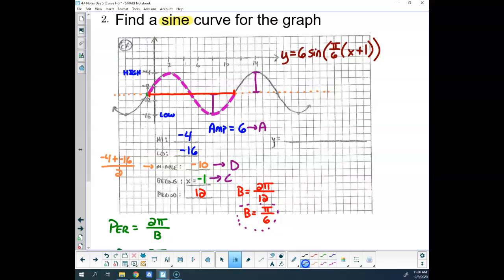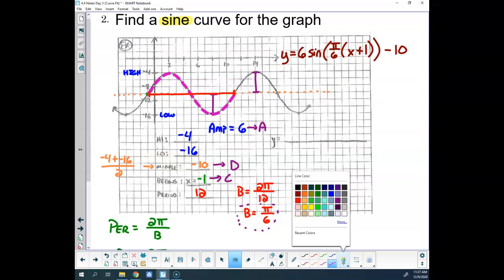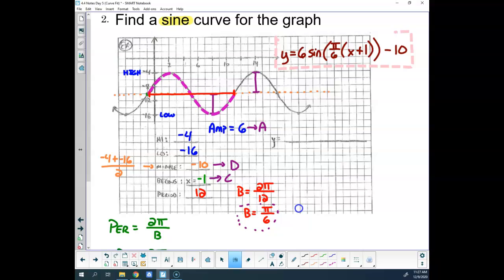My middle, my d value was -10. And that is my function.